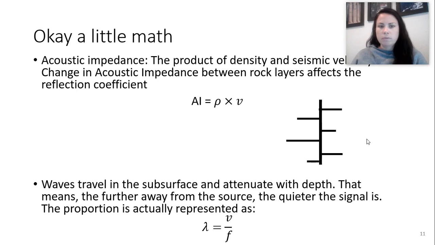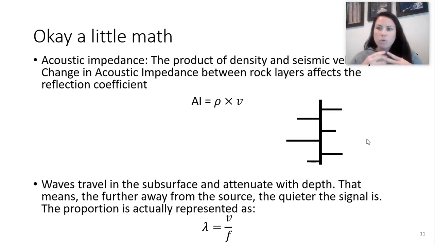And waves travel in the subsurface and attenuate with depth. This makes sense if you think about it in relationship to other sound waves that you've had experience with. If I'm in a really echoey place and I yell, echo, it bounces off the walls and you can hear it. If you're in a really large room, you can hear your voice for a long distance. Now, if you've ever tried to yell underwater, you usually don't hear someone literally next to you in a pool trying to yell at you.